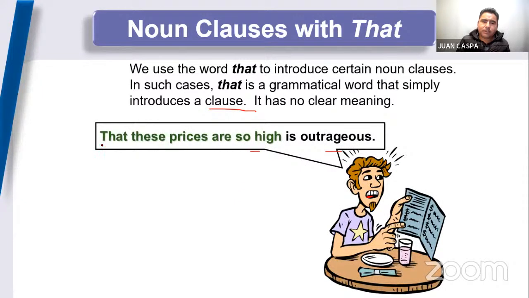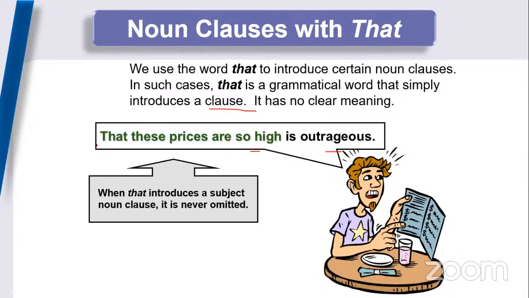Please, can you read this, Noelia? That these prices are so high, it's outrageous. When that introduces a subject noun clause, this is a subject noun clause, right? These prices are so high.